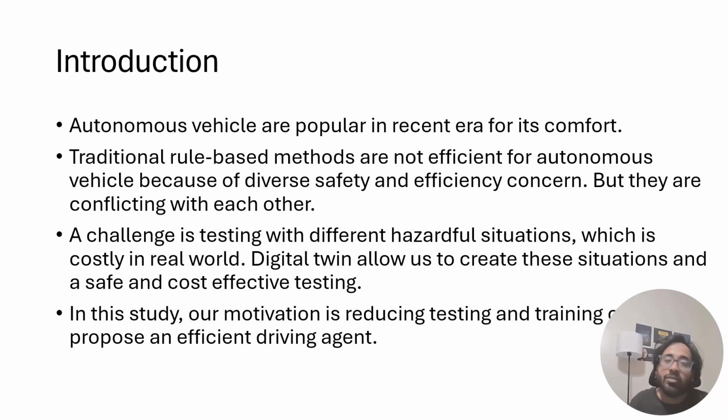There are a lot of vehicles on the roads, so from here safety and efficiency concerns arise. It is important that an autonomous vehicle can balance these two objectives at the same time, but they are very conflicting. For this conflict, we can use reinforcement learning to solve this problem.